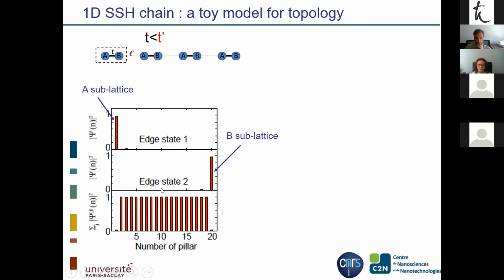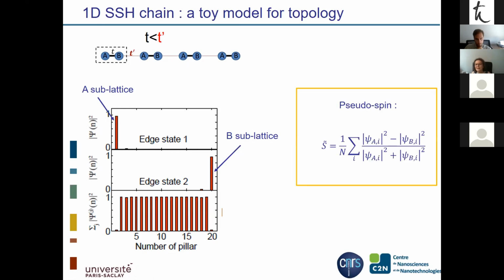Now, if you look in more detail at the structure of the eigenfunction for these edge states, what you see is that each of them is located only on one sublattice. The left one will be only located on the A sublattice, and the right one will be only on the B sublattice. And so actually all the physics of the SSH comes from this sublattice symmetry.